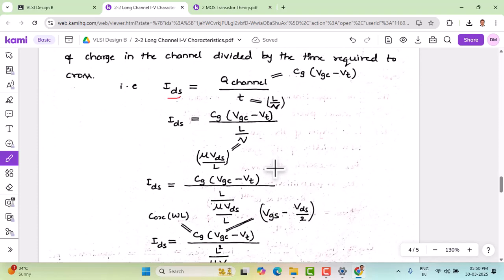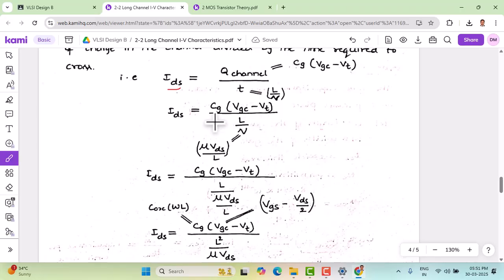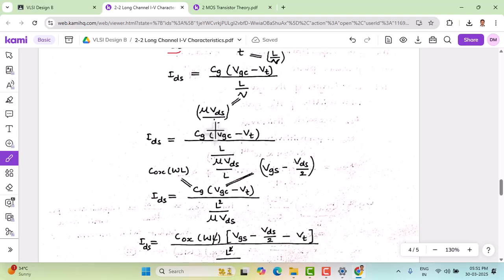Substituting T here, we get IDS as CG into VGC minus VT divided by L by V. But we already know the velocity is given by mu VDS by L. So the IDS equation retains the numerator, but in the denominator for velocity we substitute mu VDS by L.